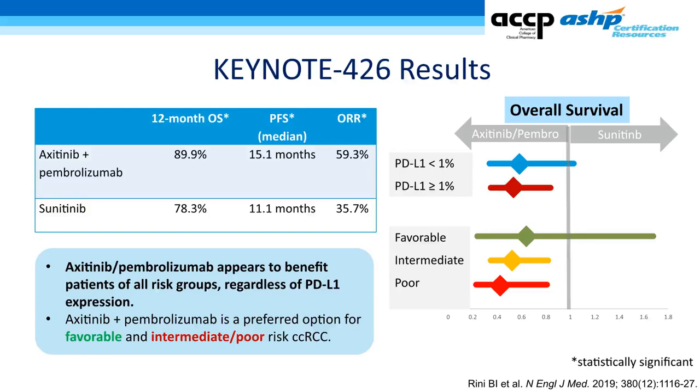And in a subsequent long-term follow-up published right after the final slides were due, we see this benefit potentially in the favorable risk category fall out of favor and move closer to 1, suggesting that what we saw here was maybe just chance in the favorable cohort. It will be very interesting going forward to see if the NCCN guidelines change this axitinib plus pembro as a preferred option in the favorable setting.